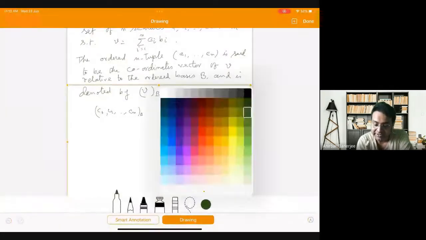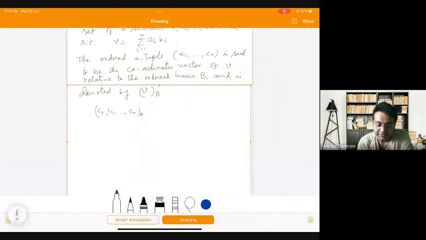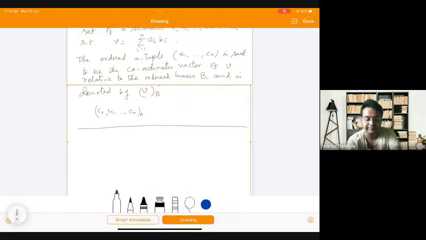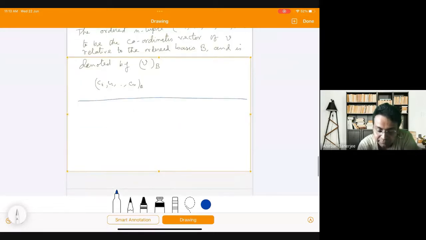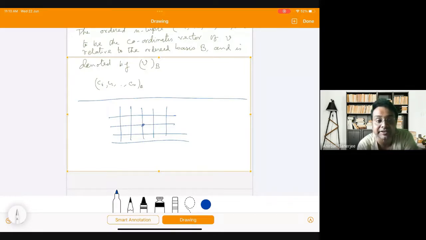So what I mean is, let's say there is a vector, and you have these grids, and this is your 0 comma 0, the origin, and this is the Cartesian coordinate system.